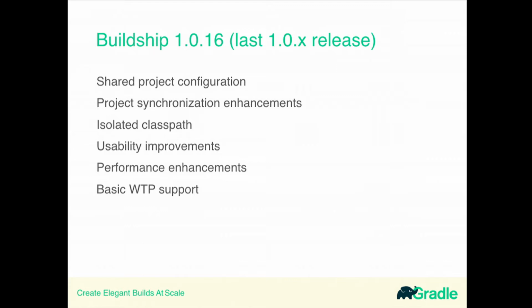Then, and that's the 1.0.16 feature, it was basically to add some basic WTP support, with a, I would say, very elegant, pragmatic solution to not come up with the full story of custom integration points, etc. And we'll see those things in action in a second when we do the demo.